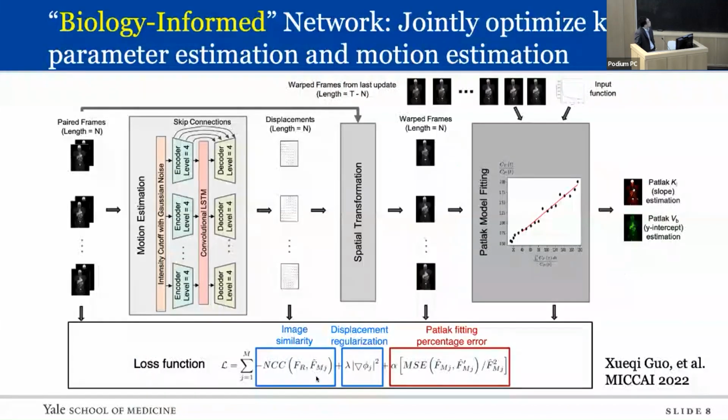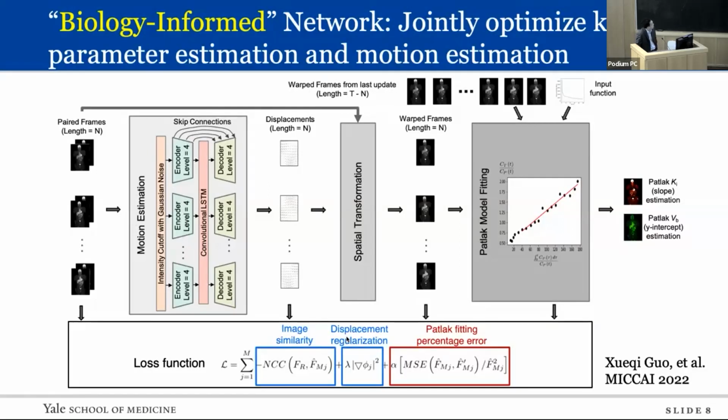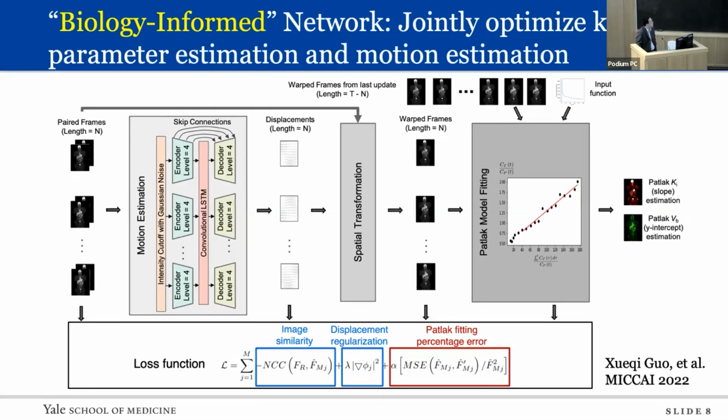Previously, Xueqi in our group developed this convolutional LSTM network, with image similarity and displacement regularization in the loss function to perform frame by frame image registration. It's pretty fast through deep learning, so we can have more accurate tracer kinetic modeling.